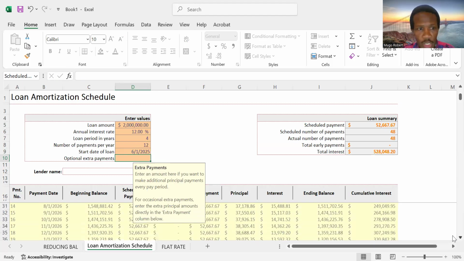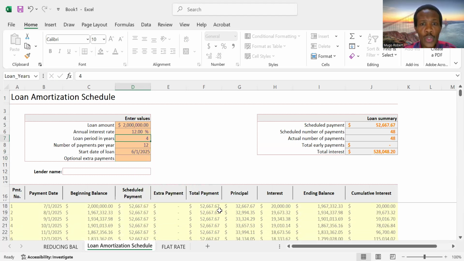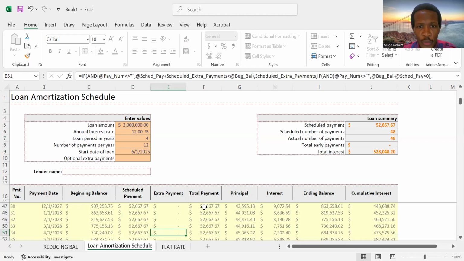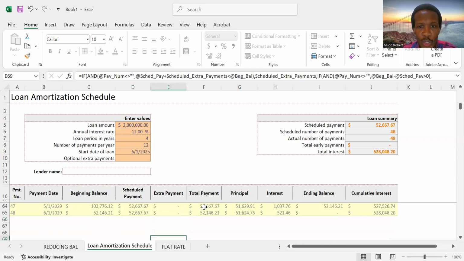You can see the sheet here. And this sheet, you can see it is amortization. So amortization means you pay the same amount from the start to the end. You can see total payment is the same, 52,000 every month from the start to the end.